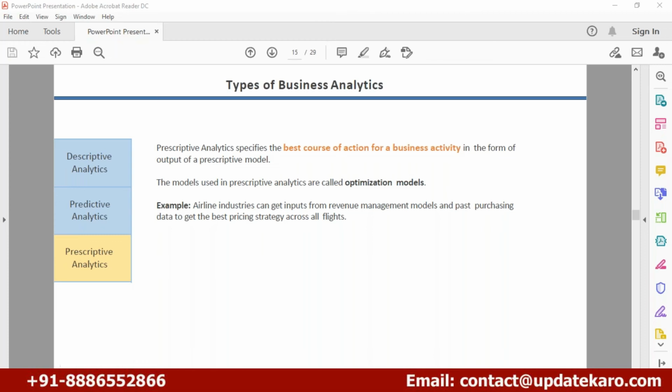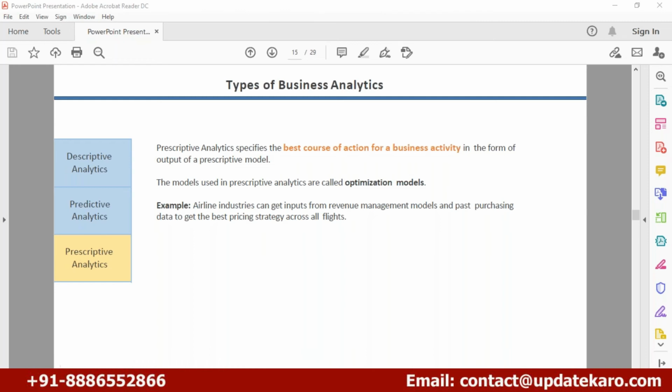What is the aim of business analytics? Any business decision, why do you take it? To increase the revenue, to increase the customer satisfaction, and to reduce our expenses. Please remember these 3 points. These are very important.